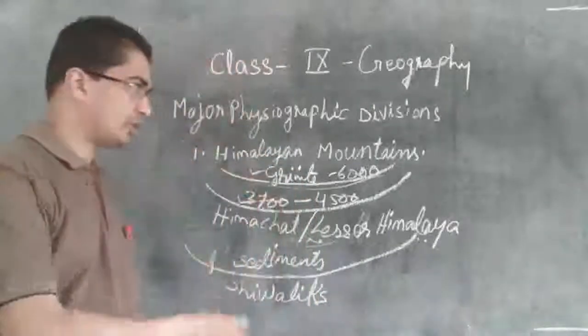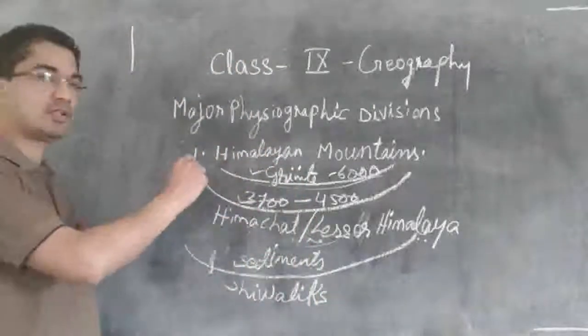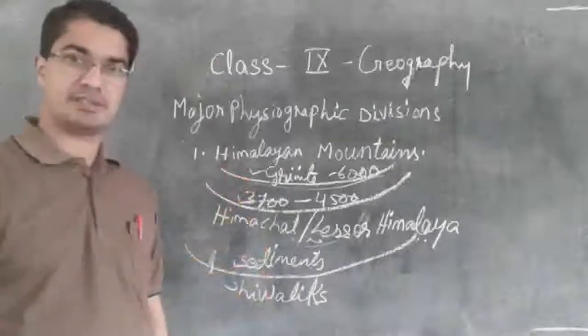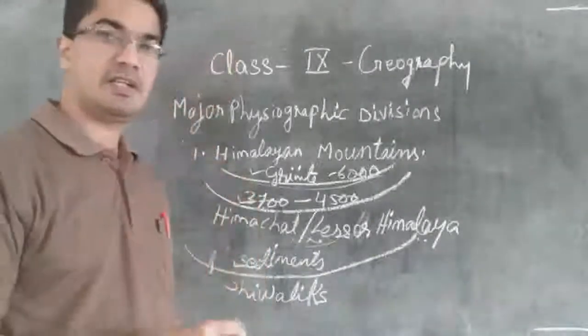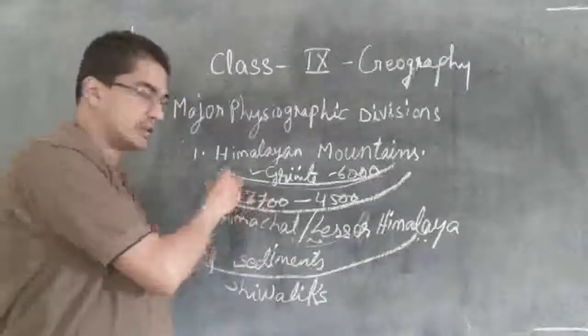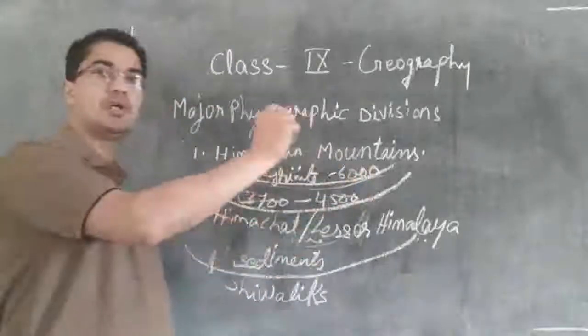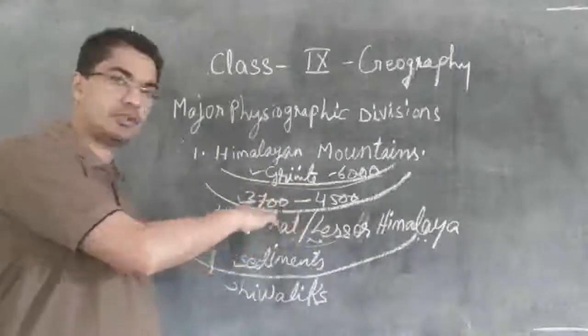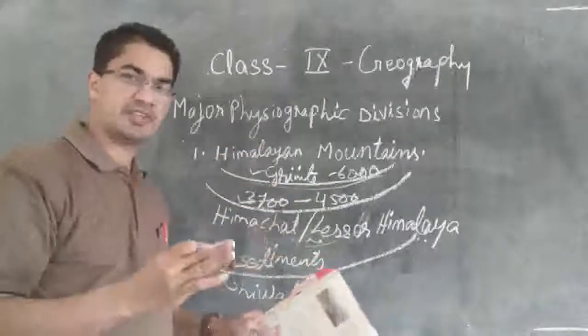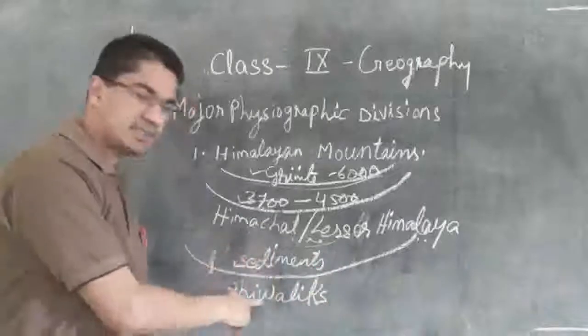So that is all about the great mountain called the Himalayan mountains, and that is the most important physical feature that India has got. So we learned about the different layers of Himalaya, which have different names, different heights, different widths, and the valleys that will be found.